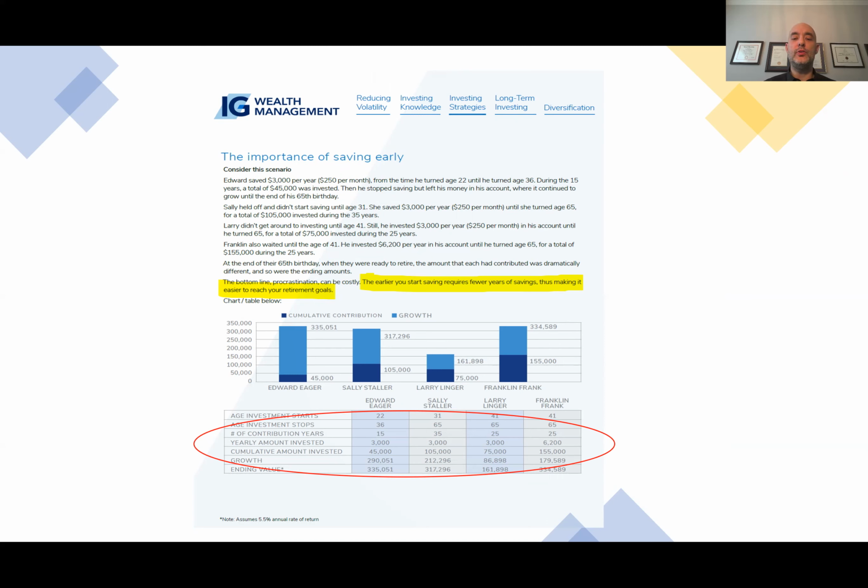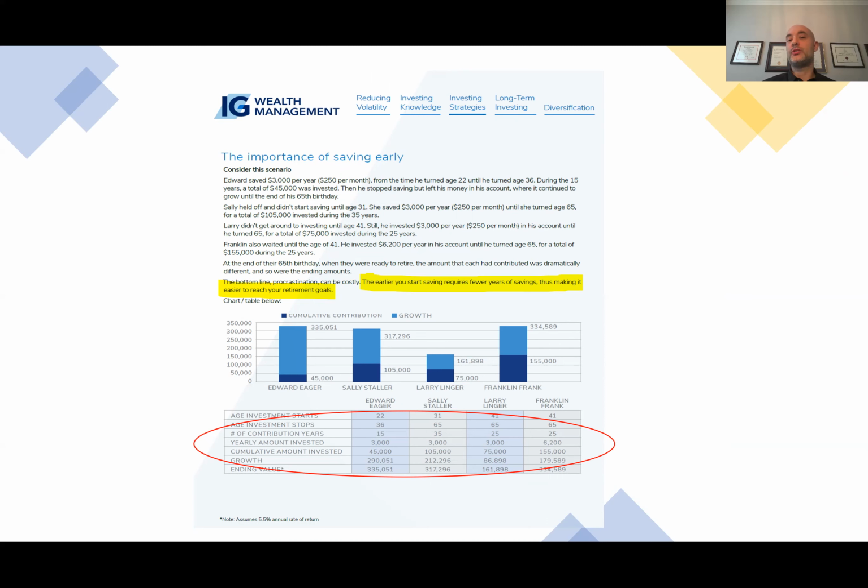And so if we look at two individuals, Edward at the bottom, Edward Eager, we'll call him, and Larry Linger, you can see Edward starts at the age of 22 and over 14 years of investing about $3,000 annually, assuming a rate of return of 5.5%, that grows to about $290,000.